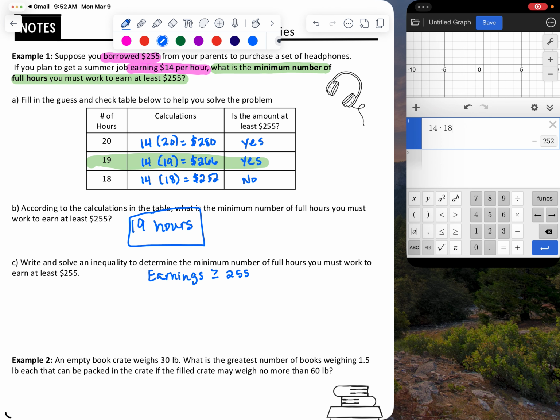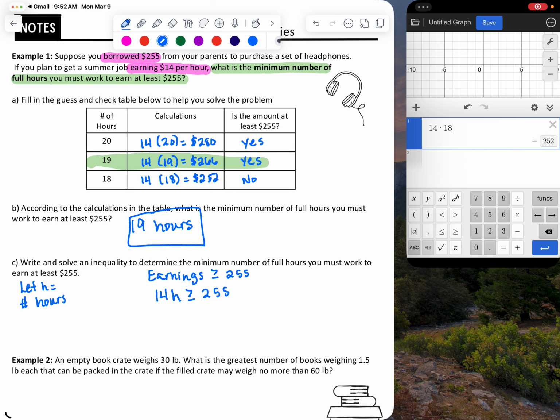So we need to identify our unknowns. So let's let H equal the number of hours you must work. All right. So to write our inequality, we would say 14H must be greater than or equal to 255.